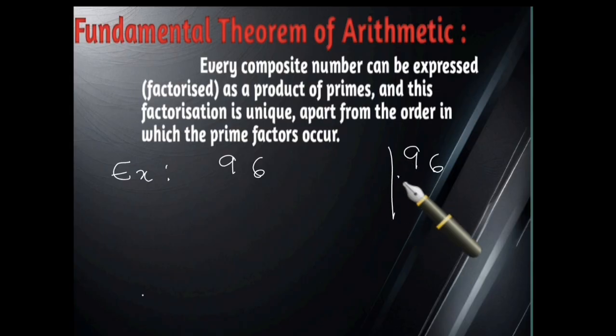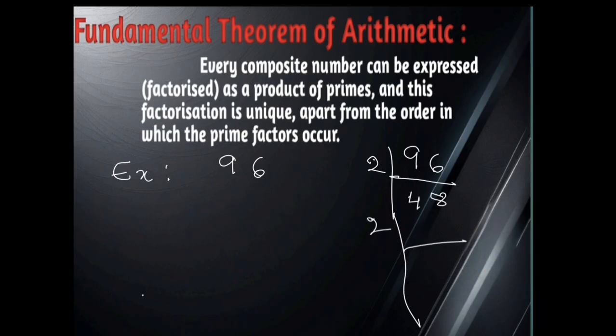We can factorize this number with prime numbers. 2 4s are 8... 2 2s are 4, 2 4s are 8, 2 1s are 2, 2 2s are 4, 2 6s are 12, 2 3s are 6, 3 1s are 3.